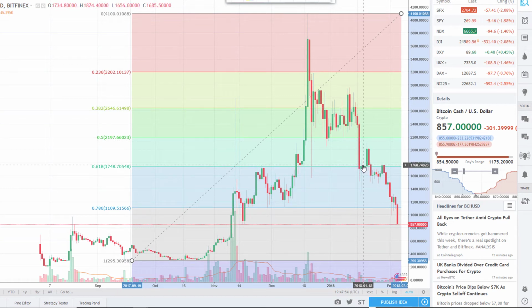When it was falling, it struggled a bit, tried to go back up to the 50% retracement, couldn't, fell back down to the 61.8. Was kind of unsure, tried to go up, it had crossed through the 61.8% support, and then was unable to go back through it. Then it fell back down here to the 78.6.